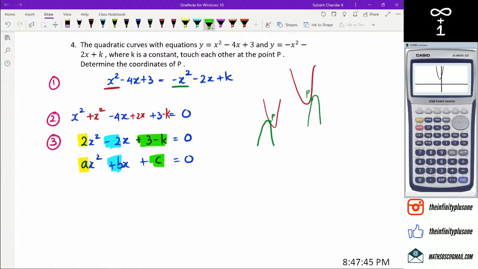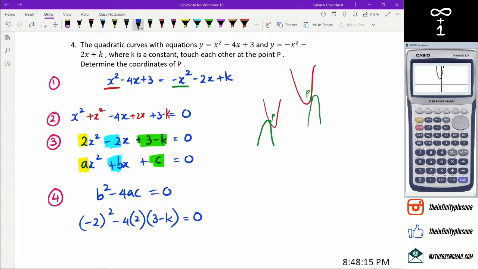Once that's clear, we also know that they meet at one point, so we get b squared minus 4ac equal to 0. That's our step 4 right there. We substitute all of our values: negative 2 squared minus 4 times 2 times c, where c is 3 minus k, all equal to 0.